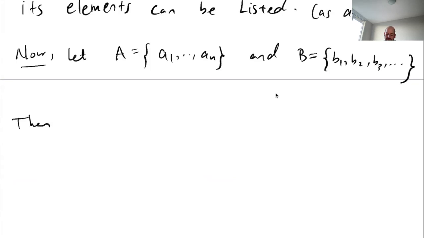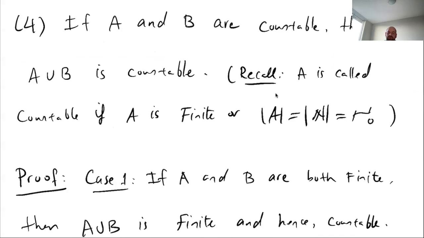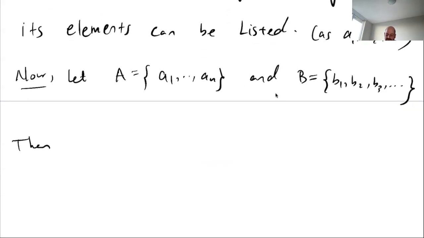Now, what is my goal? My goal is to show that A union B is also countable. If I can list the elements of A union B, then that means A union B is denumerable and therefore countable. How can I list the elements of A union B?